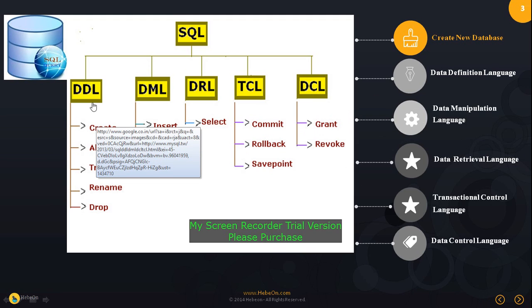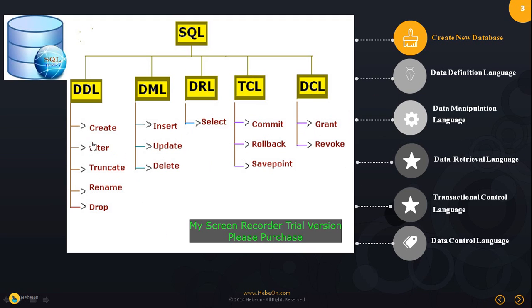DDL has different kinds of commands. DDL is used when you want to create a new database, change the structure of a database, delete or rename a database, or permanently delete it.